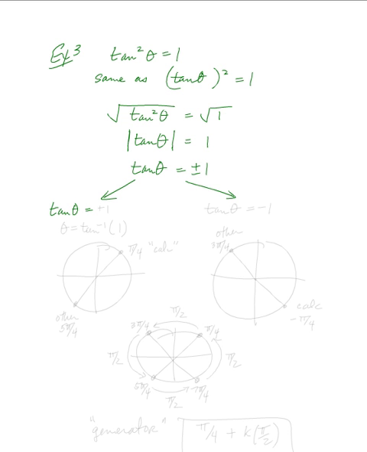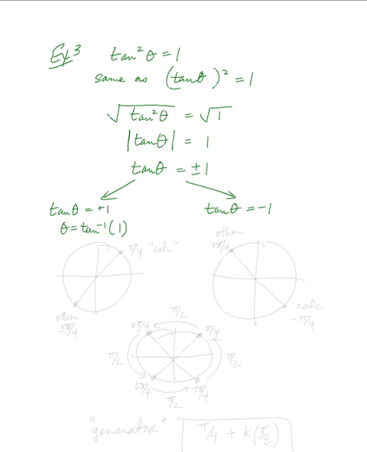Tangent of theta equals the positive 1, let's say, I'll put that for emphasis, and the tangent of theta equal to the negative 1. Okay, so what we know then is theta is the inverse tangent of 1. And again, that's asking for what angle between negative pi over 2 and pi over 2 is the ratio y over x equal to 1.